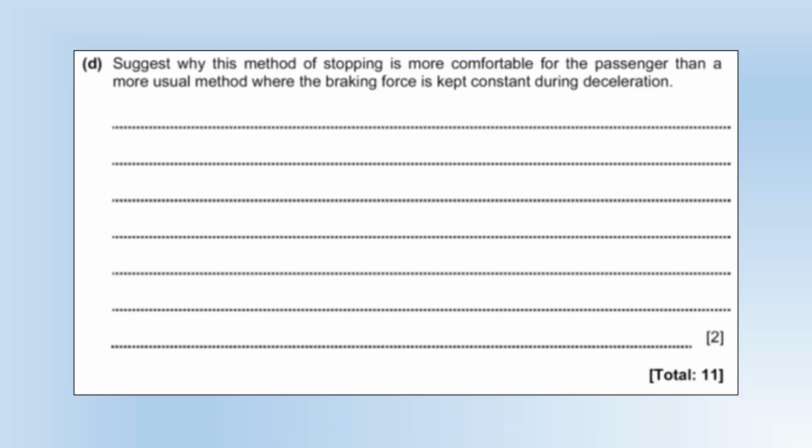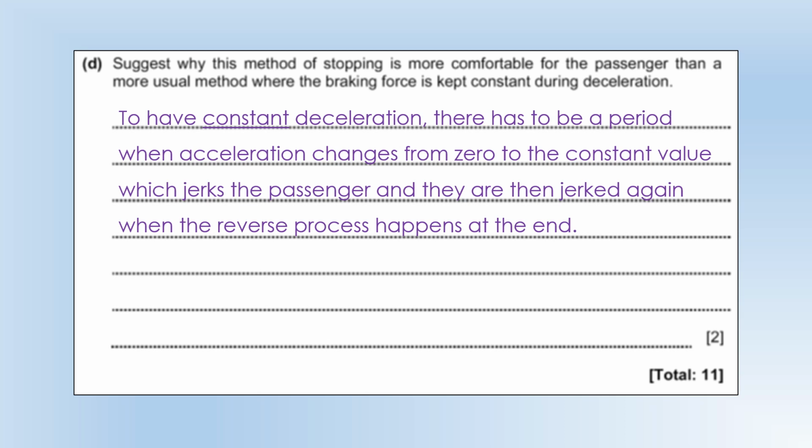Suggest why this method of stopping is more comfortable for the passenger than a more usual method where a braking force is kept constant during deceleration. So if you're going to have constant deceleration, there has to be a time where you go from zero acceleration to the constant value.